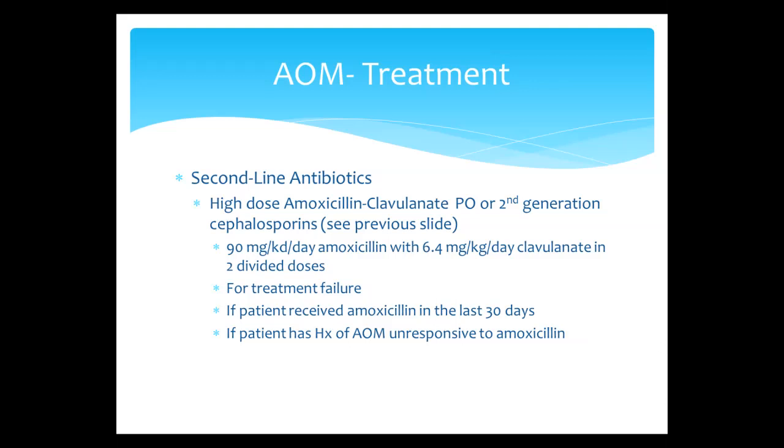Then you're going to use amoxicillin clavulanate or Augmentin, or you're going to use a second-generation cephalosporin if they are allergic. And again, we're using 90 milligrams per kilogram per day of amoxicillin in 2 divided doses. This will cause diarrhea, so it's important that you let your parents know that the child is going to have diarrhea from the antibiotic, and to give it with food if possible.